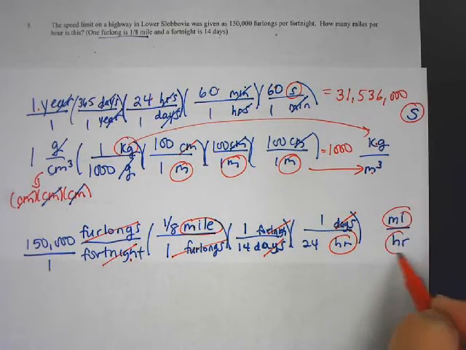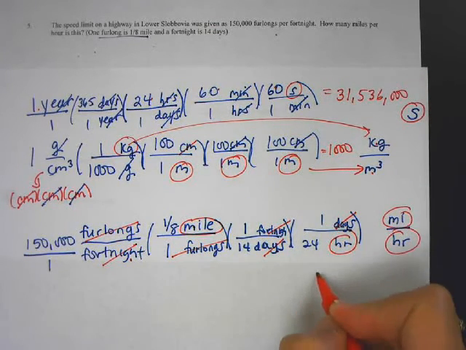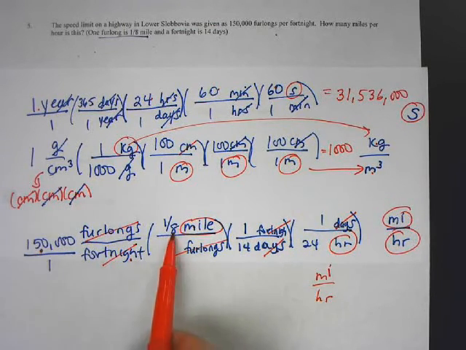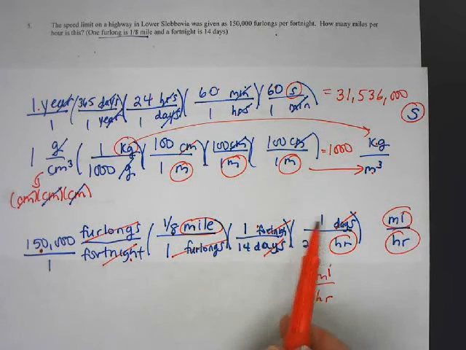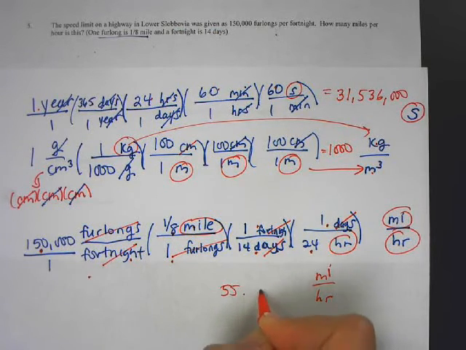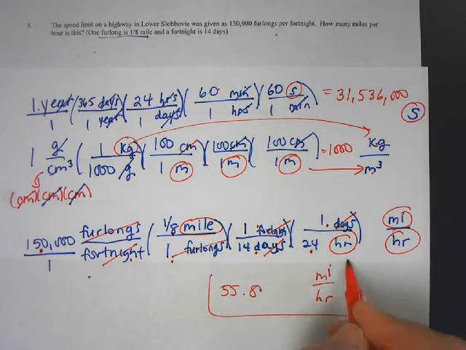So I know I'm going to have the right unit. Well, what do I do about my number? So it's going to be 150,000 times 1/8 times 1 times 1, all divided by 1 times 1 times 14 times 24, and then I get my answer, which is 55.8, which in physics, our answer should always be realistic to what we know.